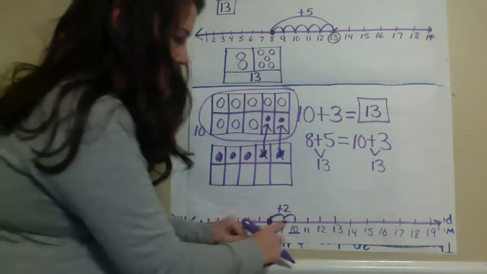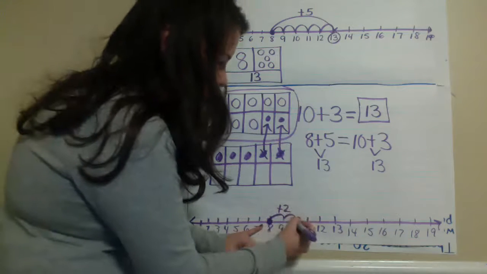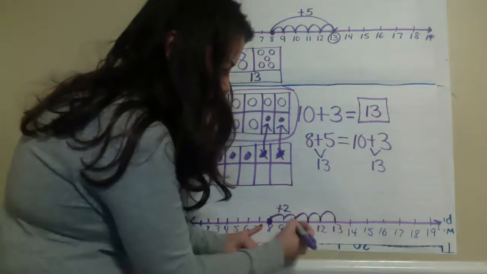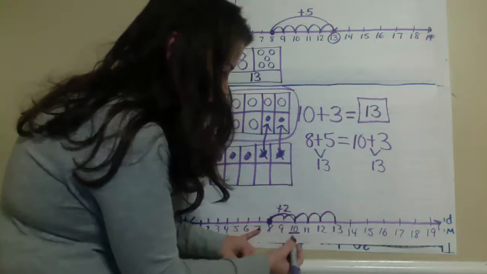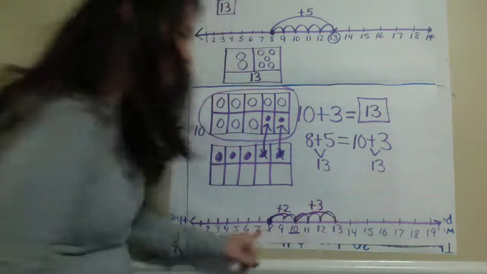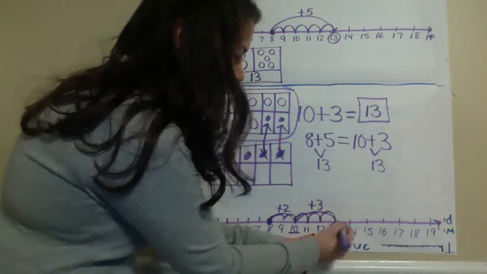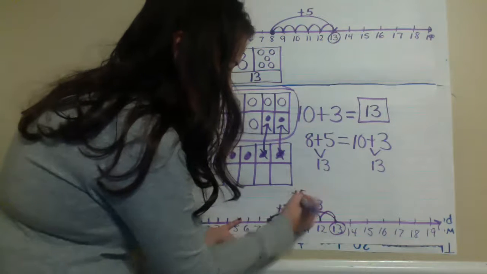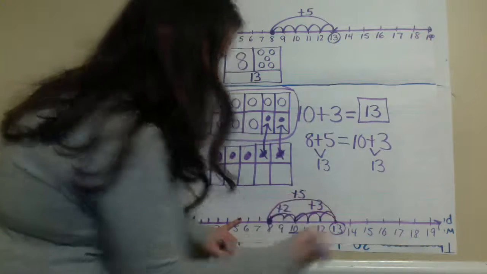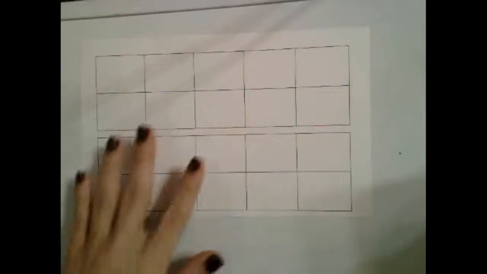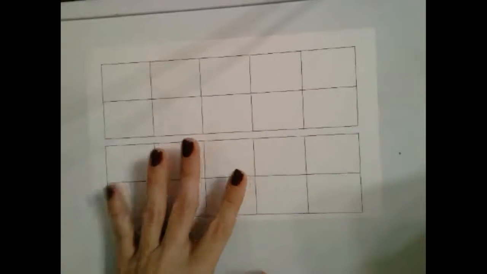We had 2, 3, 4, 5. So we had plus 2 to get to our 10 and plus 3 to get to our 13. So 8 plus 5 equals 13.